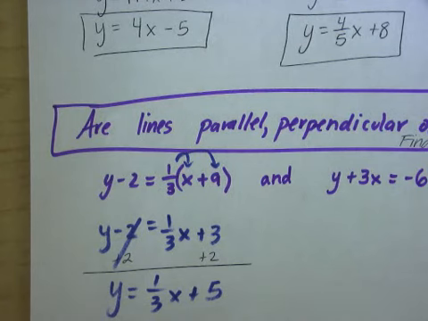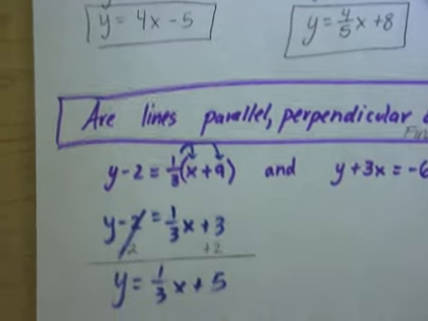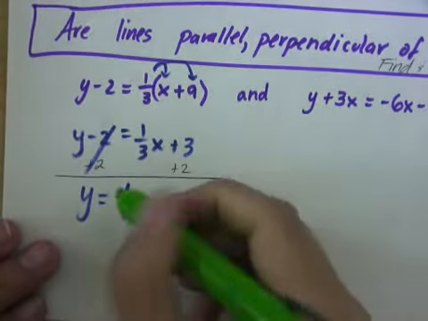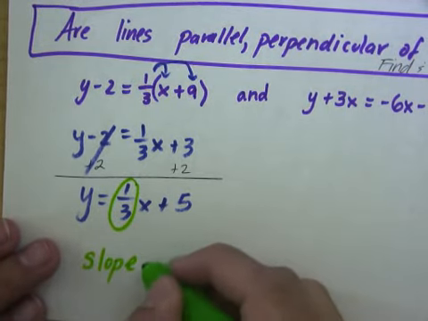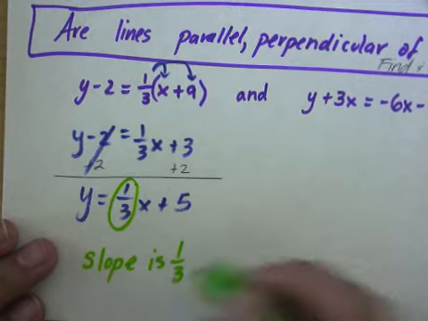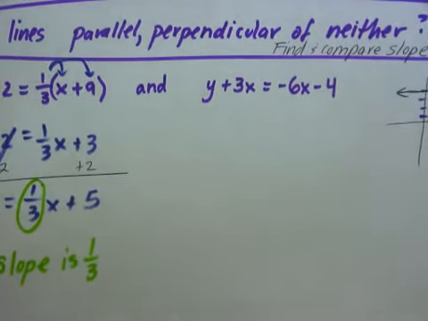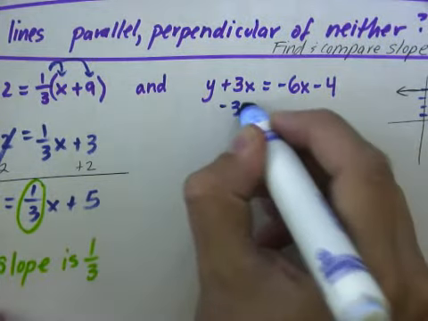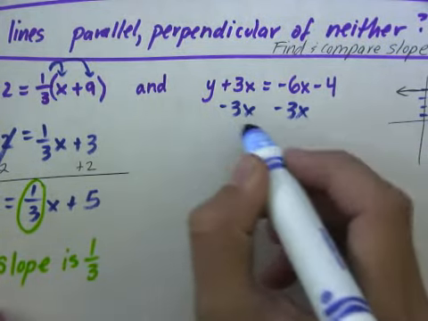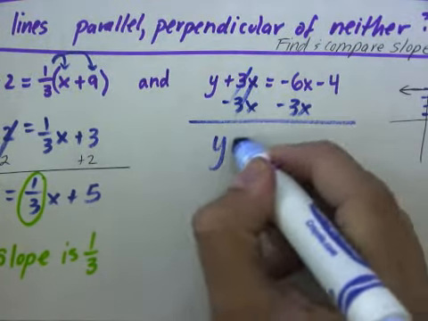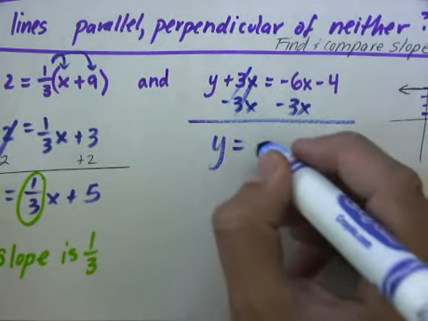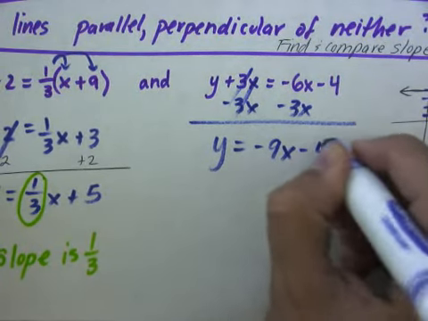So all that I really care about in this equation, if I'm trying to figure out parallel, perpendicular, neither, is my slope. So the slope of this line is 1/3. Now for the next equation, I don't have y by itself, so I need to get y by itself by subtracting 3x. So in this case, if I do that, these would cancel, and I have y equals -6 minus 3x is -9x minus 4.